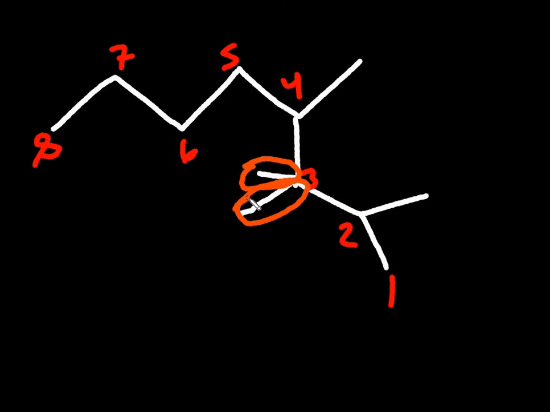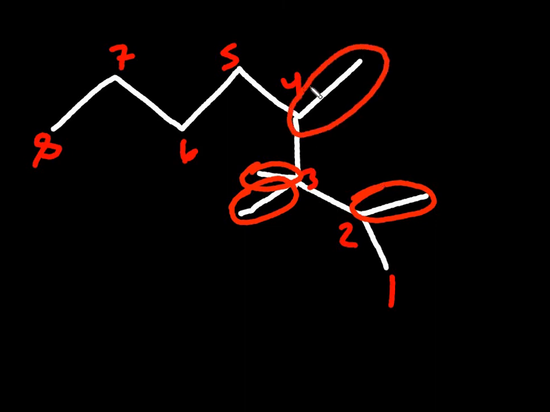On the second carbon, we have another one here. Oh wow, it's kind of orange. Let me put that to red. Okay, that should be better. We have 3 methyls. And let's see what else we have here. On the fourth, we have another methyl.